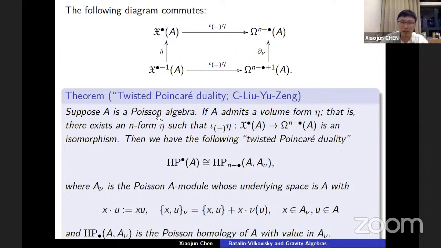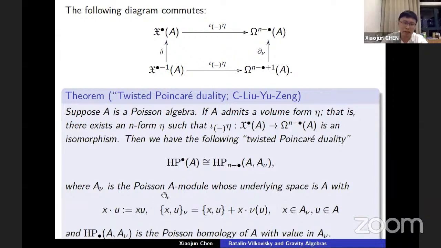Suppose A is a Poisson algebra. If A admits a volume form, say eta, that is, there exists an m-form eta such that the contraction is an isomorphism, then we have the following twisted Poincare duality, between the Poisson cohomology of A and the twisted Poisson homology of A with values in A_nu.